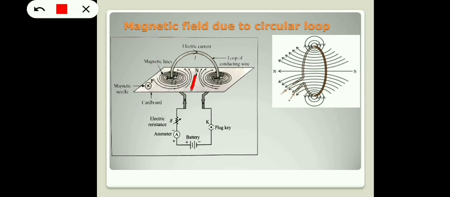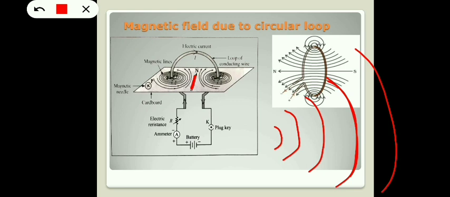So why is it so? So just listen here. See, as we move away from the circular coil, what is happening? Yes, the circles representing the magnetic field lines are becoming bigger and bigger like this.